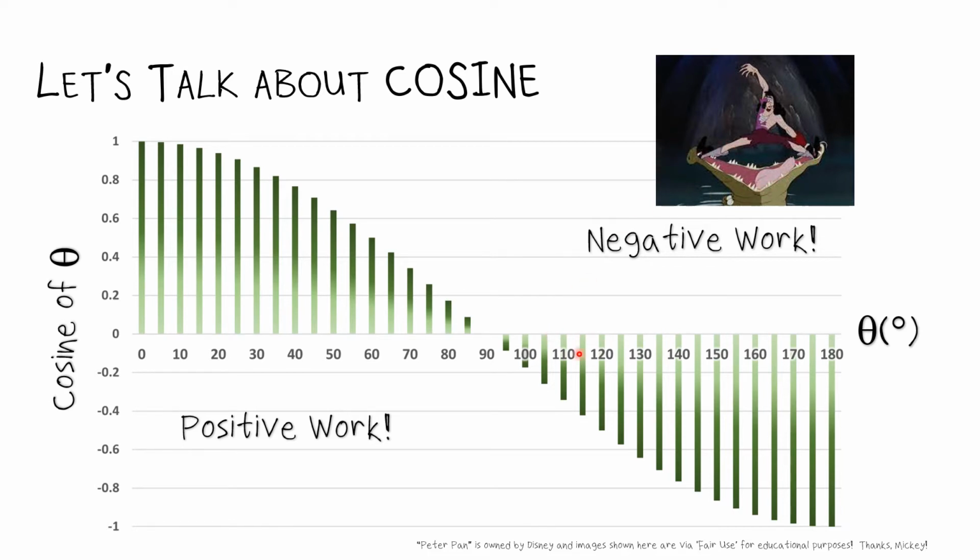If we plug 120 degrees into the cosine function, it's going to give us a value of negative 0.5-ish or so. And again, this becomes very important in applying the work equation. Depending on the angle between the force and displacement, you can get a positive or a negative answer, or even no answer. And that's what we're going to focus on over the next couple slides.